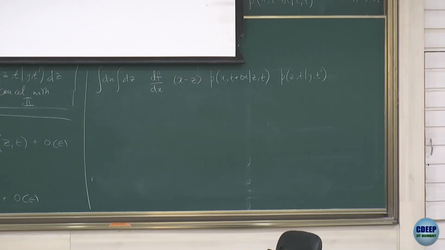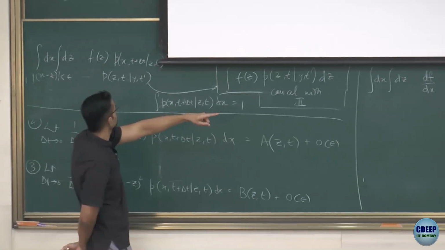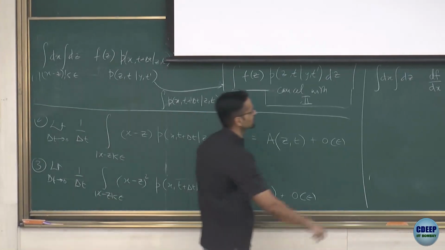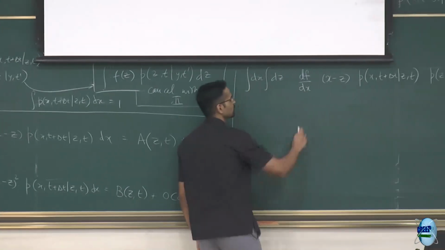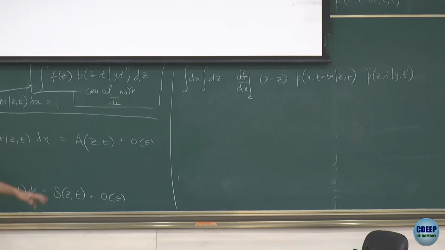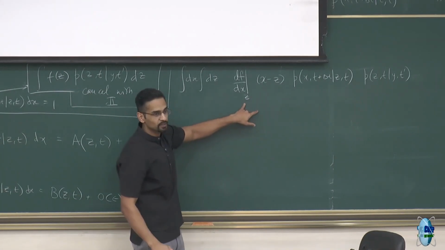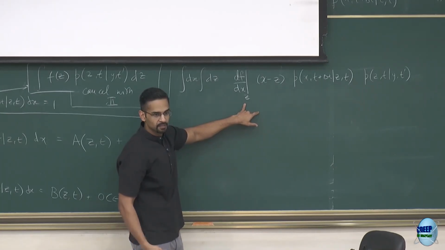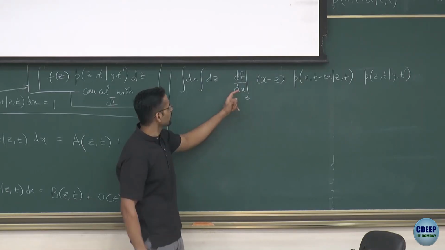Please check and tell me if I'm okay. Right, so where I had f here, I have the second term of the expansion, df dx times x minus z. This of course is a function of z only. Right, remember it comes from the Taylor series. So if you want, this is evaluated at z. So the only x dependence I have is sitting here. Okay, that's important. df dx is a function of z because I Taylor expanded about z, right? So the x dependence has gone in x minus z.